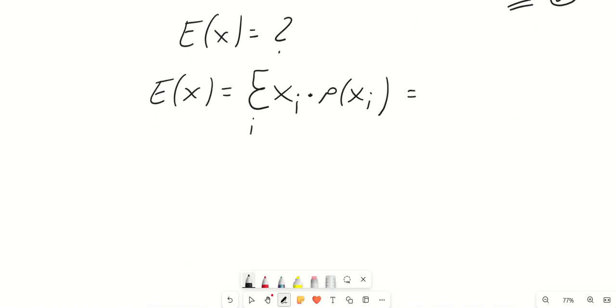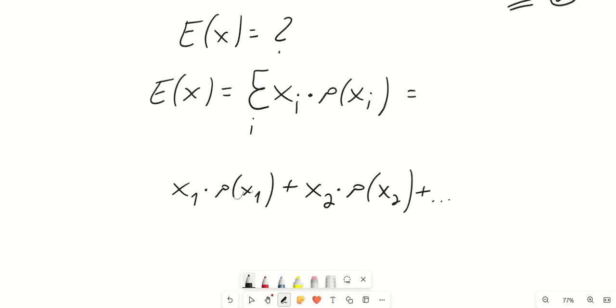I simply take the first value of x times the probability for the first value of x, and then the second value of x times the probability to have that second value of x, and so on.